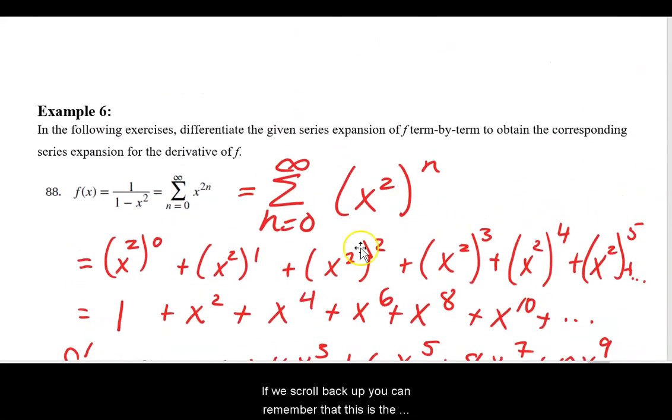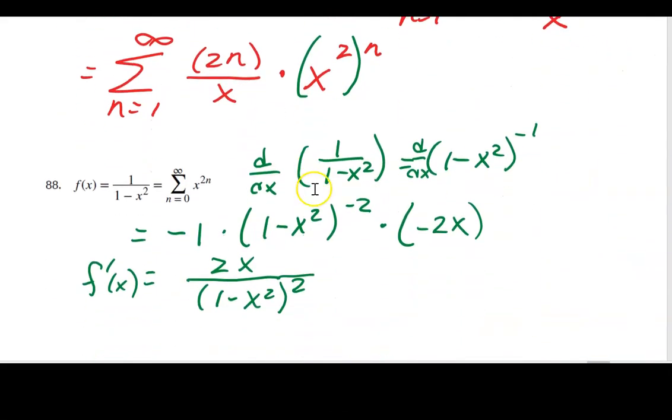If we scroll back up, you can remember that this is the power series after differentiating this term by term. So I can figure out what that is the power series for by applying the derivative to my original function, 1 over 1 minus x squared. You'll see here that I've recopied the problem so that you know what the original function was, 1 over 1 minus x squared.